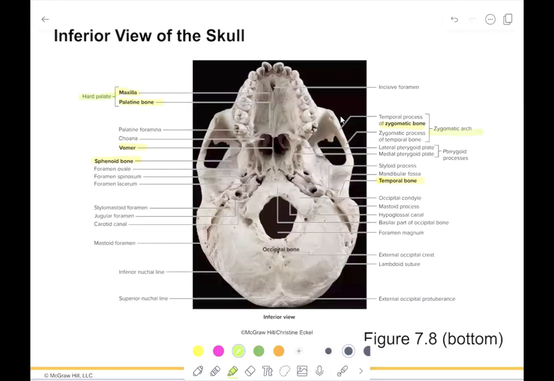Zygomatic arch, the zygomatic process of the temporal bone, styloid process, mandibular fossa, occipital condyle, which is what articulates with the first vertebra, which is called the atlas, the mastoid process, the foramen magnum, and then we can see one other suture here, which is the lambdoid suture.